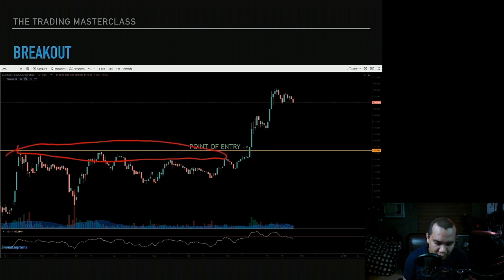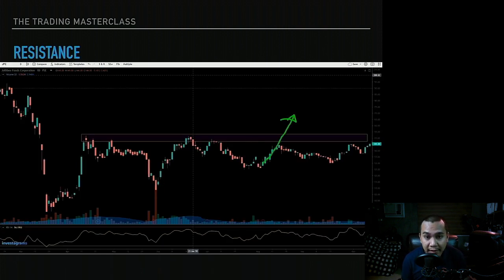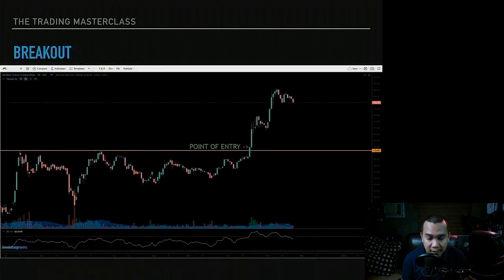But at a certain point, the prices went over the resistance, right? We're just moving onwards. And during that breakout, that should be your point of entry. And if you entered on the breakout, this is your gains already. So that's breakout trading for you, right?